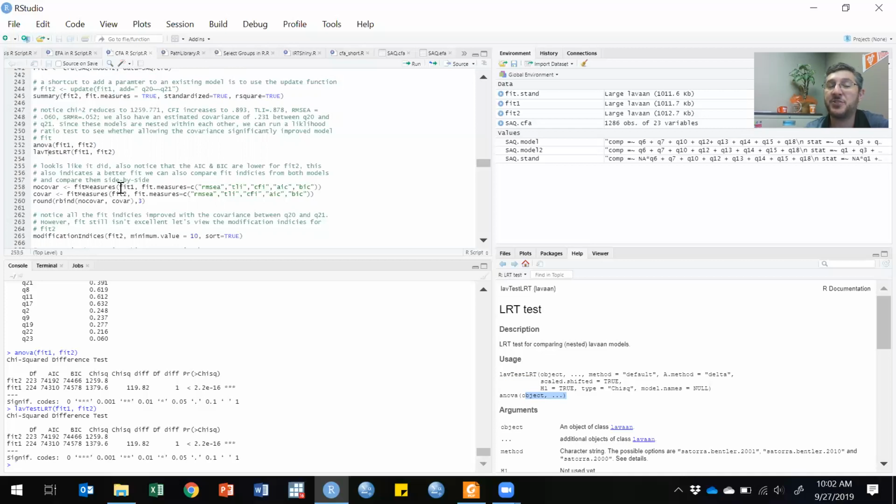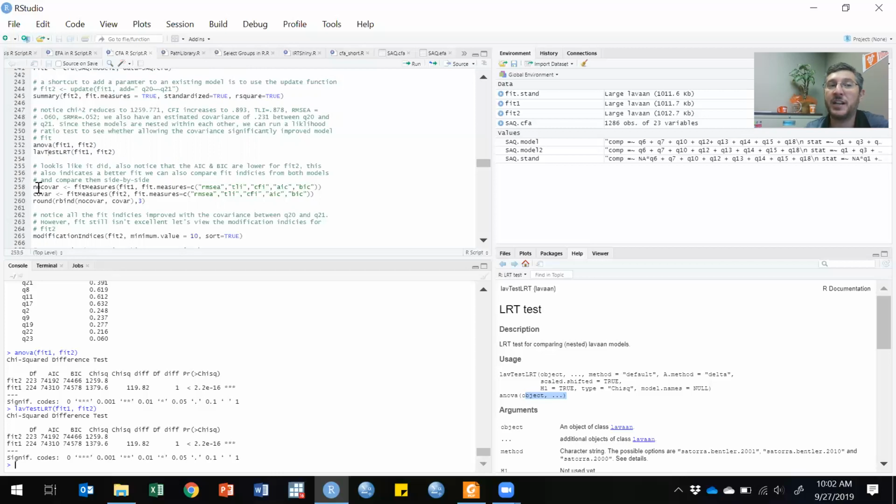We can use the fitMeasures function on fit 1, and I want to grab the root mean square error of approximation, the TLI, the CFI, the AIC, the BIC. And I'm doing the same thing for fit 2 here. Then I want to bind them together and round to 3 decimal places, so it makes it easier to see.